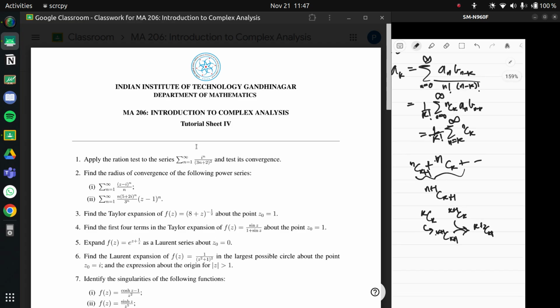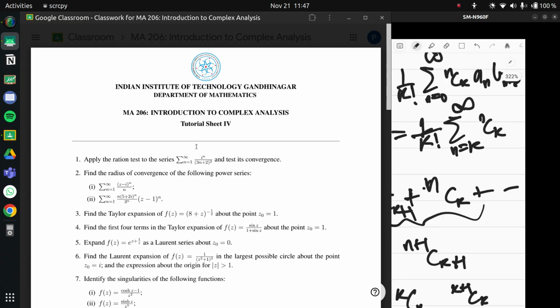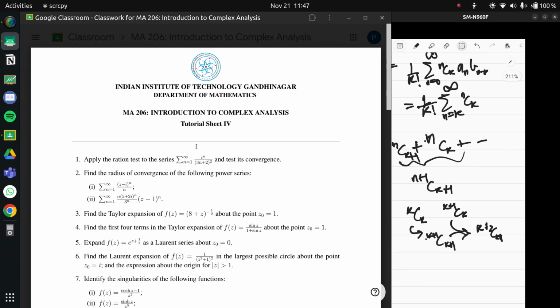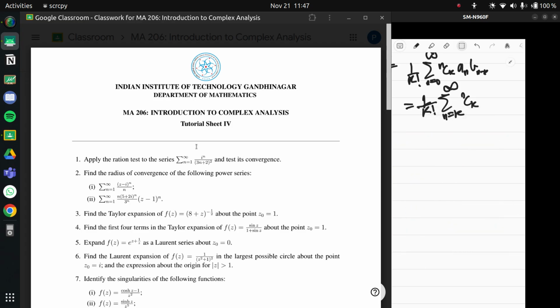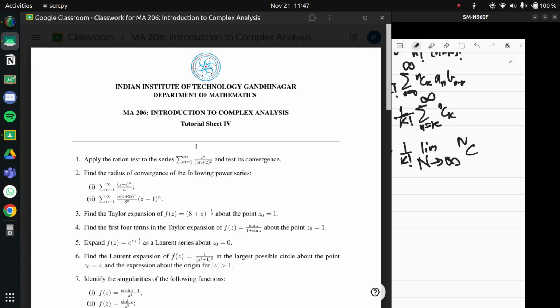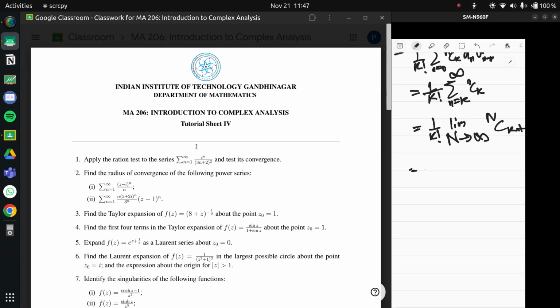So eventually this just becomes, let's say it goes till some capital N, right? Then this will be just 1 upon k factorial. You got limit as n tends to infinity of n choose, yeah, essentially that way, isn't it? It sure is. So just n choose k plus 1.